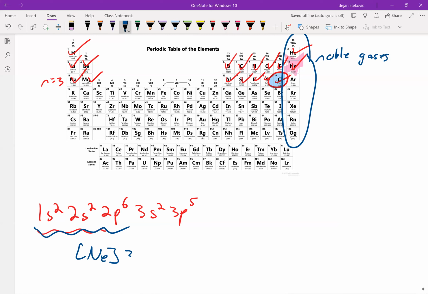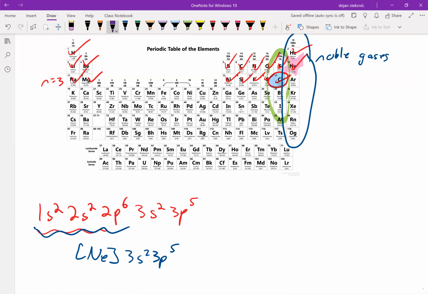And then we can just write 3s2, 3p5, right? So this neon represents all of the orbitals that are filled for neon, and then we can add some more to get to chlorine. If you notice, things in the same row will have very similar electron configurations, right? So we did neon, and we did chlorine.